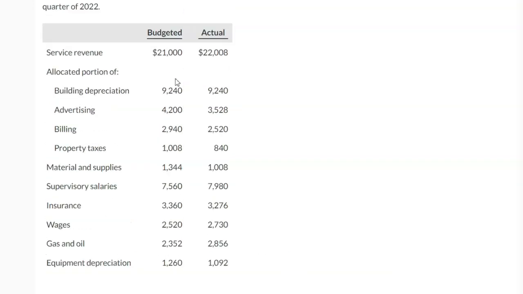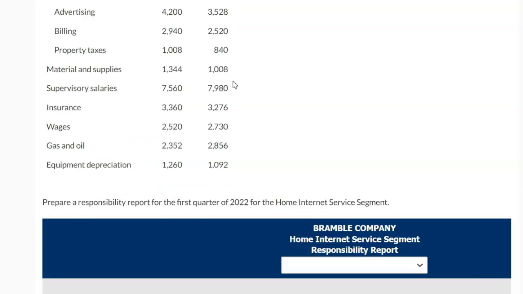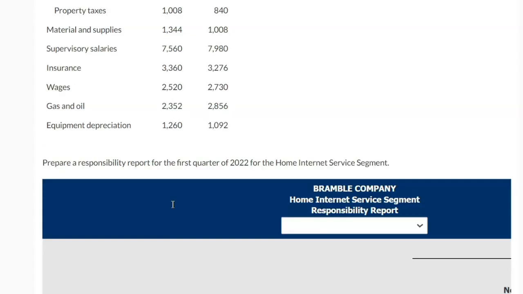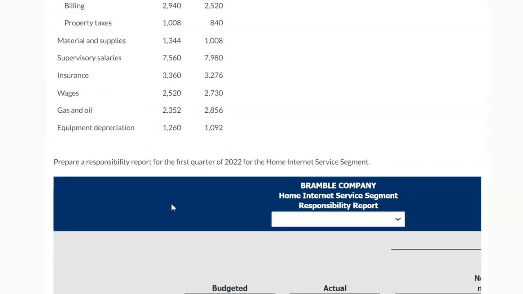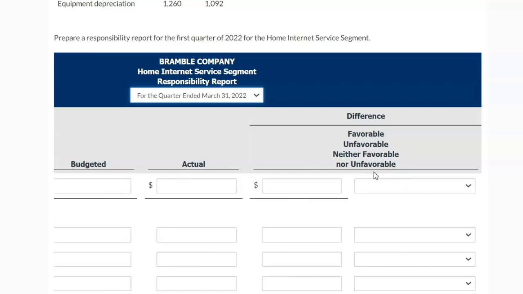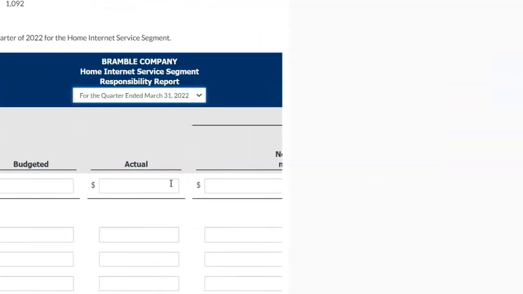The numbers are provided on budgeted versus actual. Prepare a responsibility report for the first quarter of 2022 for home internet service, for the quarter ended March 31. It goes vertical.